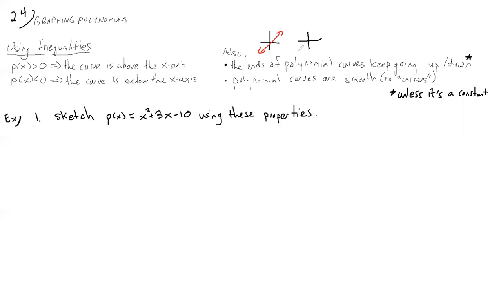Parabolas, we know what parabolas look like. On both sides, the curve would just keep going down. If you're familiar with cubics, if you're not, you're going to be. They look almost like a little weird S curve, and then one side will go up and one side will go down.